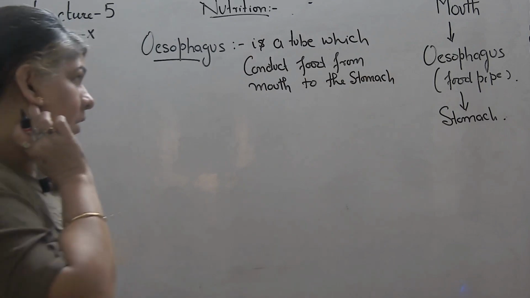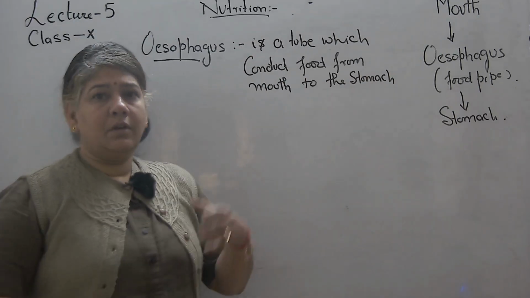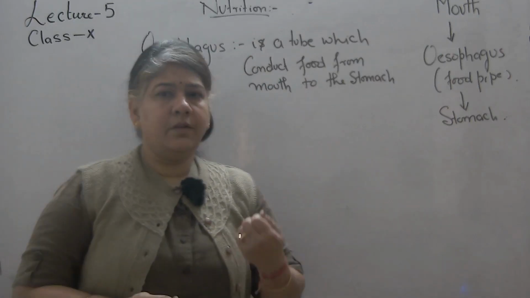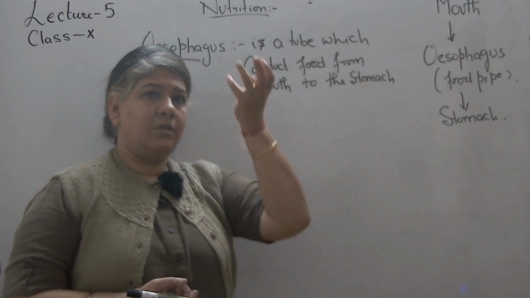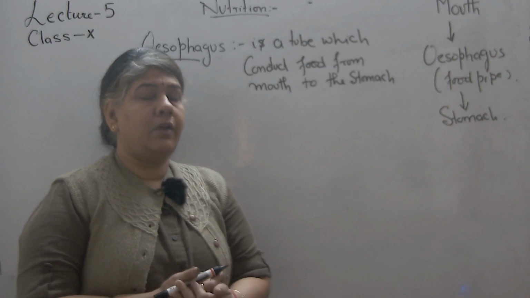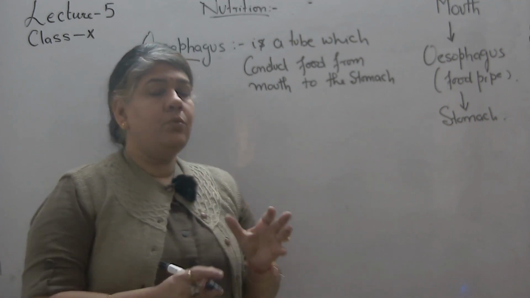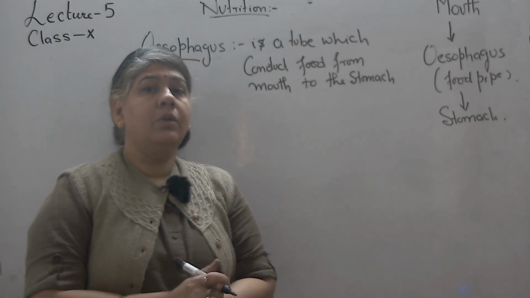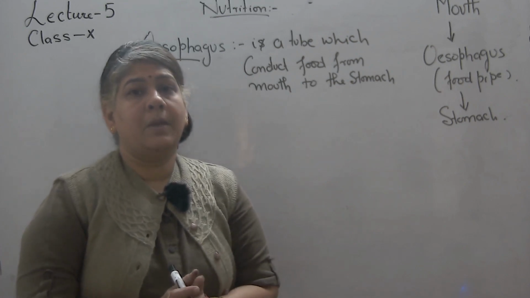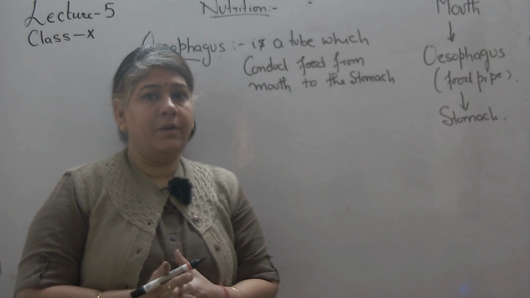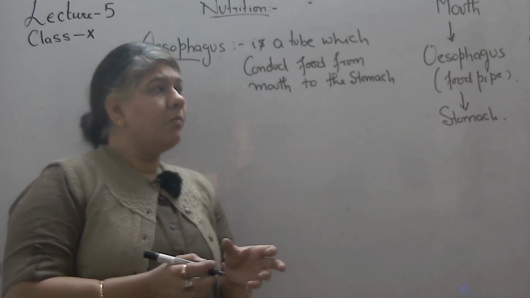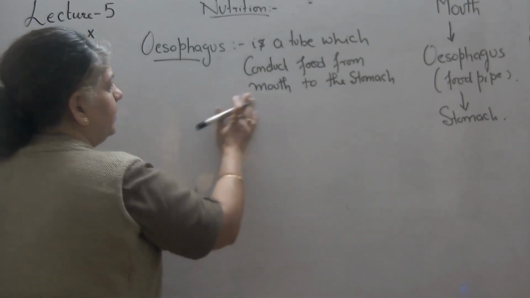Okay. The food doesn't go inside the esophagus just by gravity, like something falling down by the force of gravity. It is not like this. Food is pushed through rhythmic contraction and expansion of the muscles present in the alimentary canal. This rhythmic movement is called peristaltic movement.